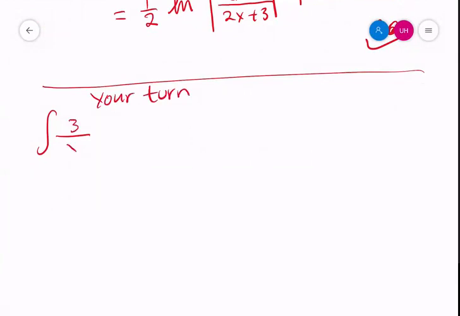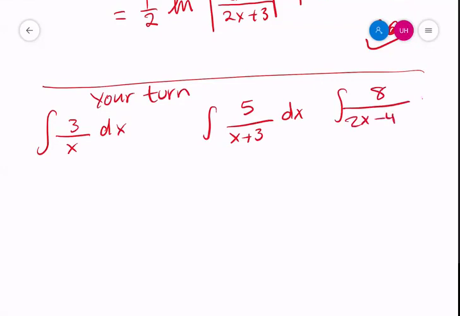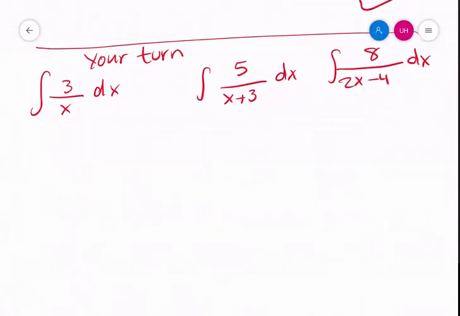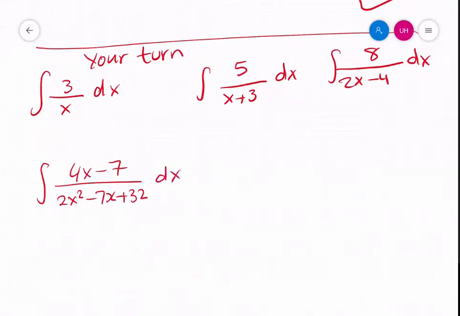Integral of 3 over x dx, integral of 5 over x plus 3 dx, integral of 8 over 2x minus 4 dx, integral of 4x minus 7 over 2x squared minus 7x plus 32 dx, and that's a nice one.